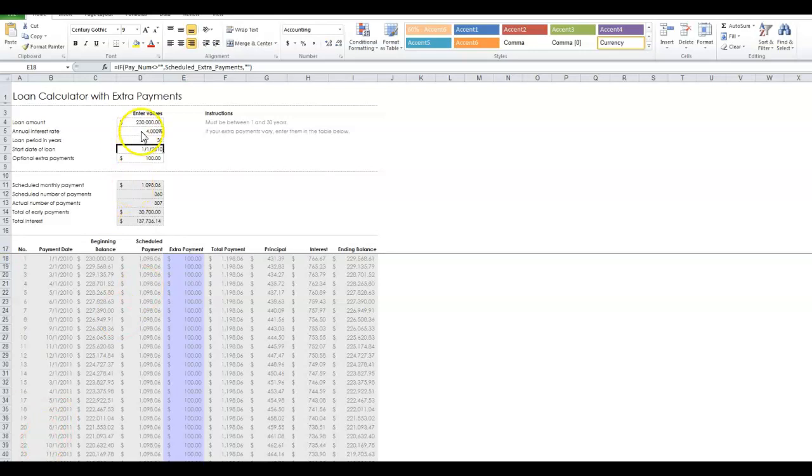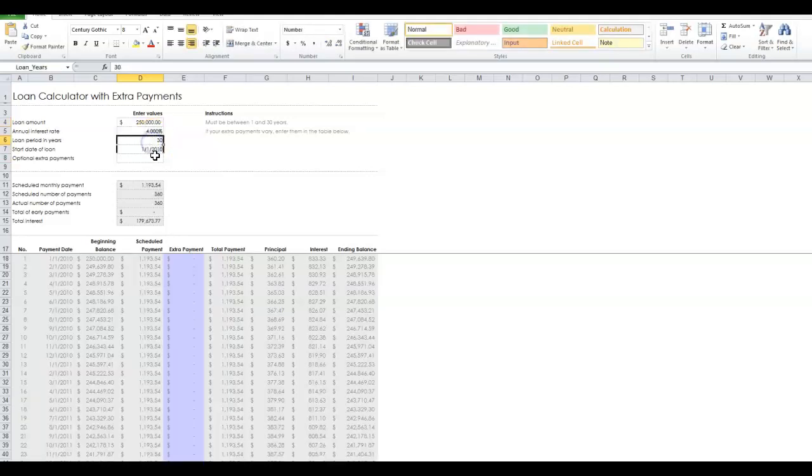To demonstrate a couple more strategies, let's say we have a $250,000 loan, 30-year. So, what happens if this is a $260,000 house, or they're offering $250,000 on a $260,000 house?